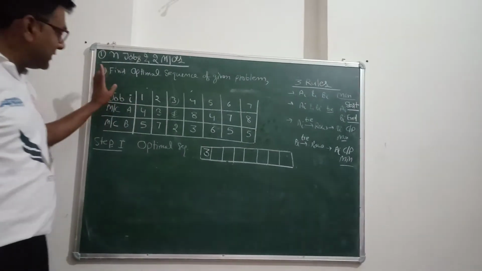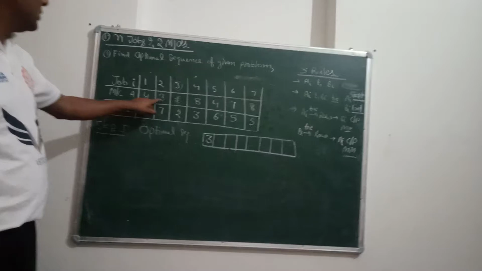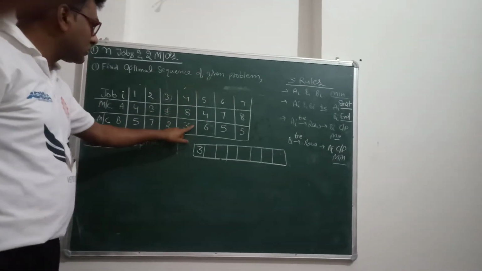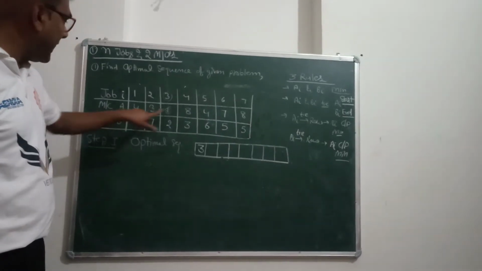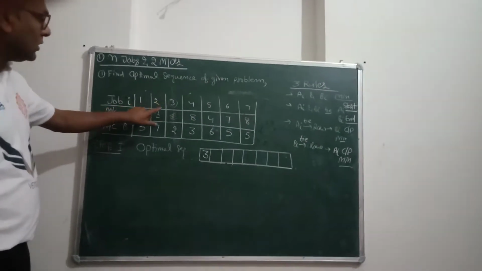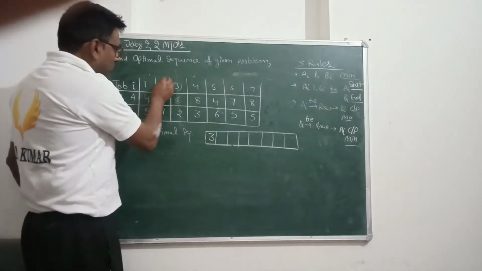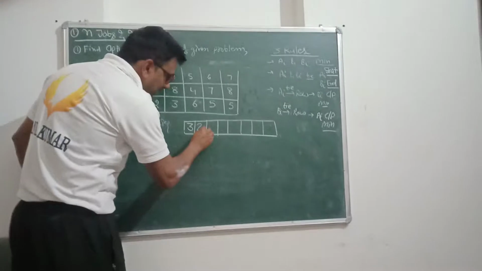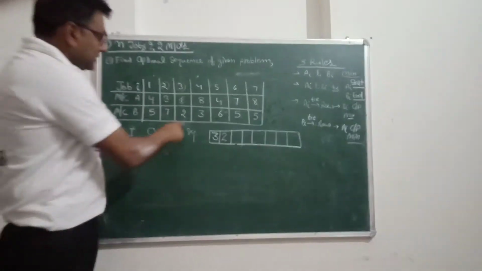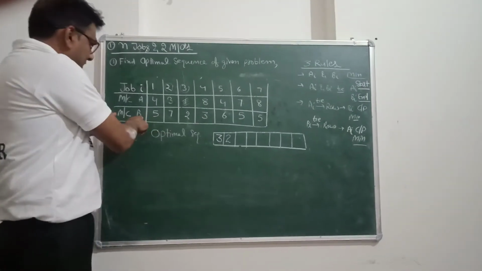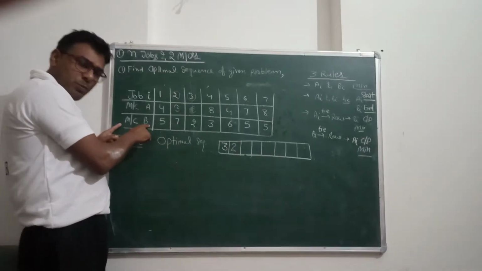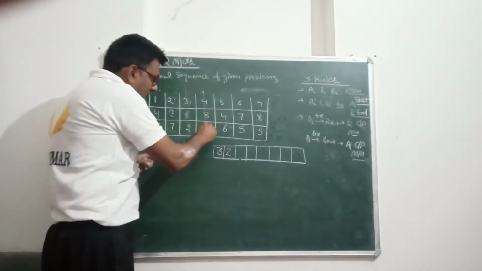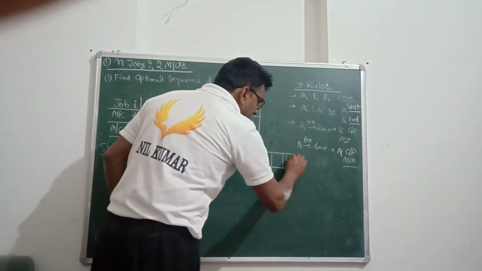So you will see that 3 is the minimum value under job 2 and under job 4. So we will choose these two values, and as 3 lies under 2, this job will enter the optimal sequence at this place, and similarly this is also a minimum value, but this lies against machine B, so we will enter this job at the end of the order table.